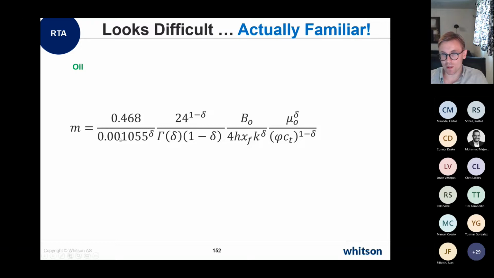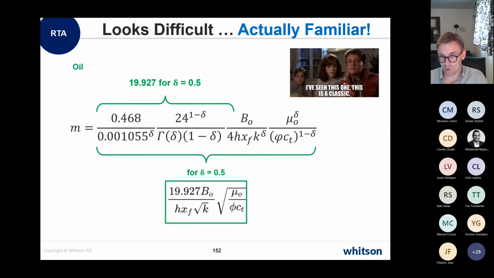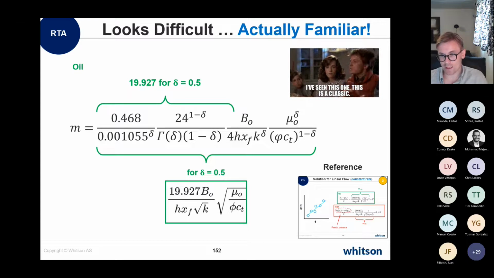So this is the slope for oil. If we plug in a delta of 0.5 here, we get 19.927. I'm pretty sure you've seen this before, it's the classic that we showed just a few slides ago for classical RTA, and this is the reference for that in terms of slides. So for the simple case, it simplifies to this part of the equation.